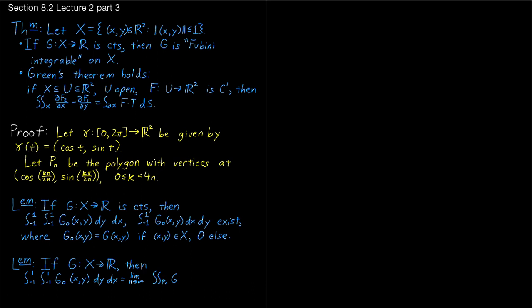And I don't have to write out the iterated integrals because I know G is Fubini integrable on Pn. Pn is a polygon. So this lemma is saying that this limit exists and happens to equal the iterated integral. And in fact, it equals the iterated integral in the other direction as well.